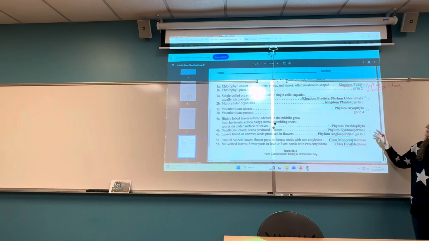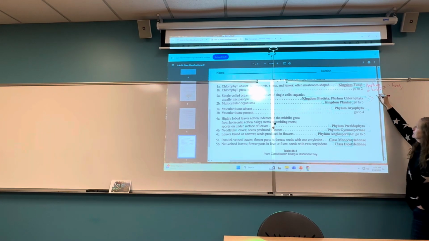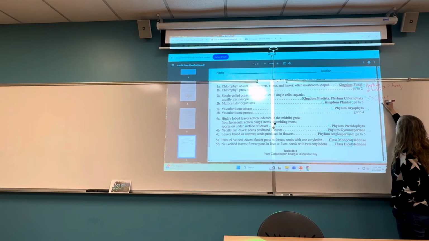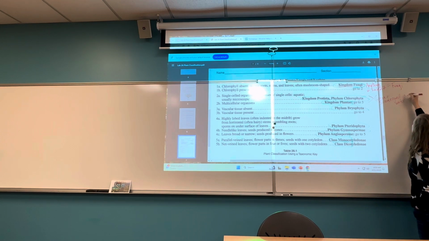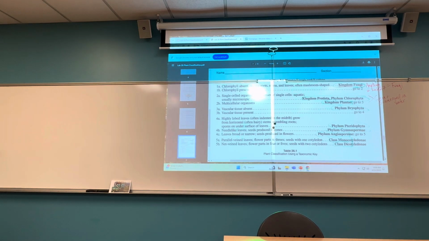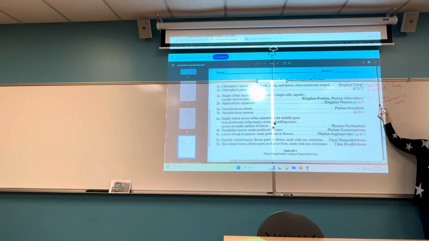The rest of these, Chlorophyta, here's the main thing. They're going to be green, and they're going to be submerged in water. If it's not a fungus or a protist, phylum Chlorophyta, they're going to be a plant.